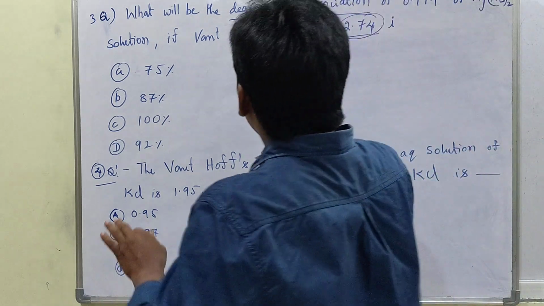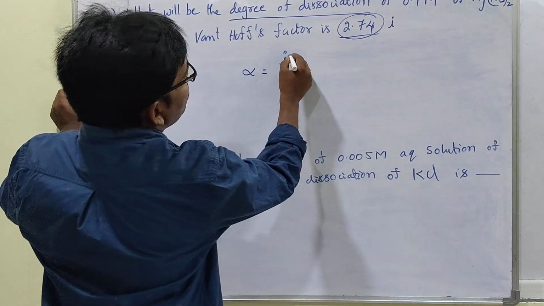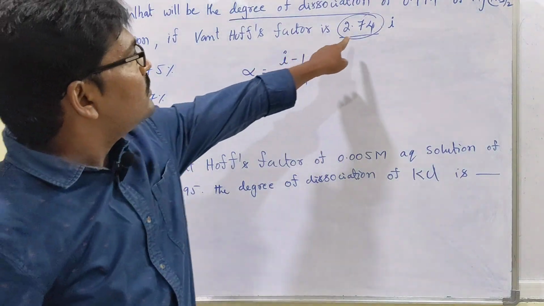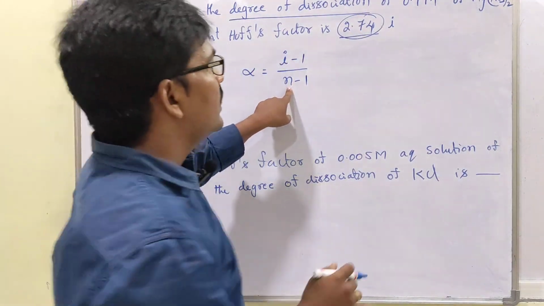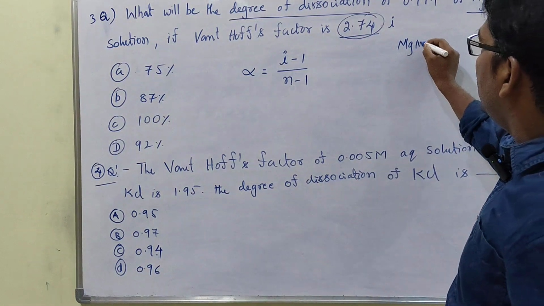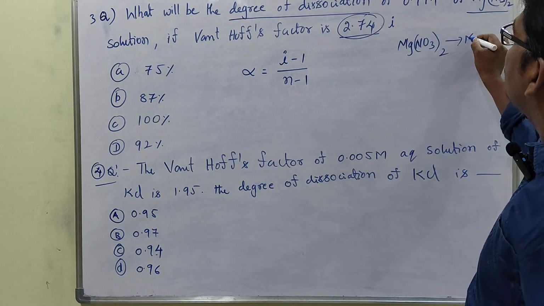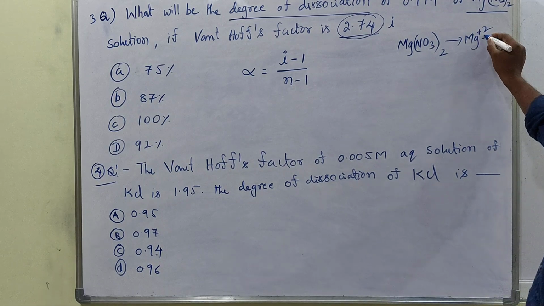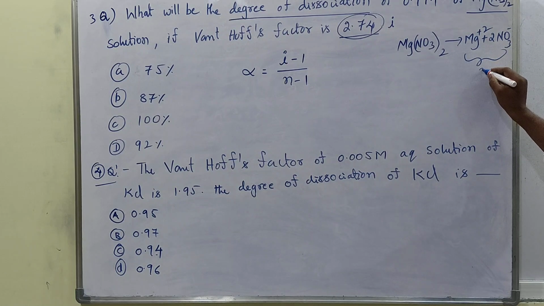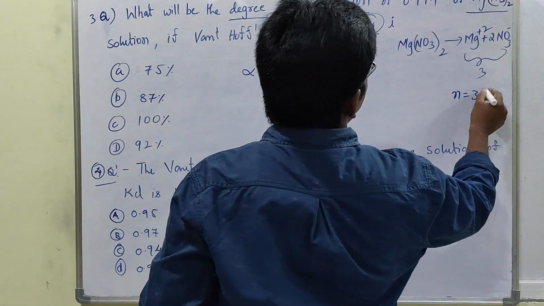So for the degree of dissociation, alpha equals (i minus 1) divided by (n minus 1). The i value is given. What n value should we take, sir? We have to see how the given solute dissociates: Mg plus 2 and 2NO3 minus, total number of particles is 3, right? So we have to take the n value as 3.